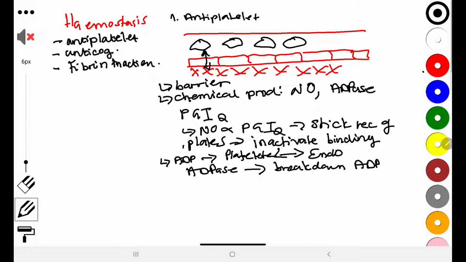Therefore, if ADP is broken down, we won't have this binding taking place. Therefore, in a healthy endothelium, there is really no allowance of platelets binding to the endothelium or even to the matrix under the endothelium.